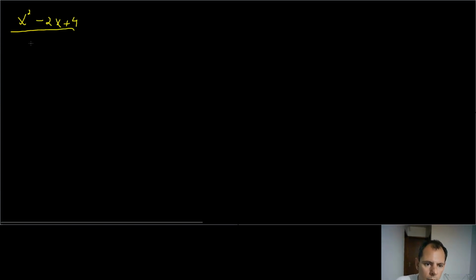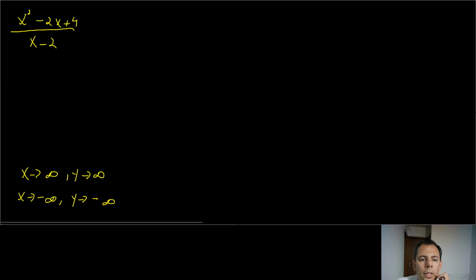So when x approaches infinity, y will approach infinity, because positive over positive, fine. When x approaches negative infinity, y will approach negative infinity, because it'll be positive in the numerator and negative in the denominator. I find it hard to say this sequence of words, negative in the denominator.